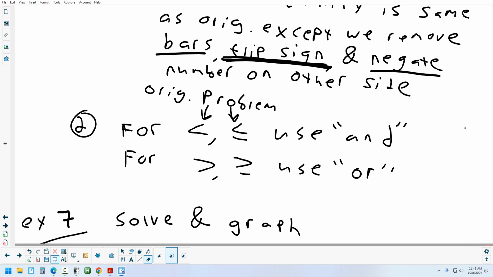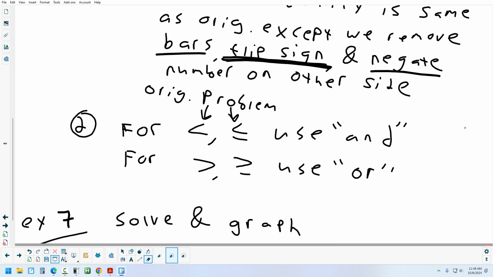If the original problem has a less than or a less than or equal to, then the final answer needs to have an "and." If the original problem has a greater than or greater than or equal to, the final answer has an "or."